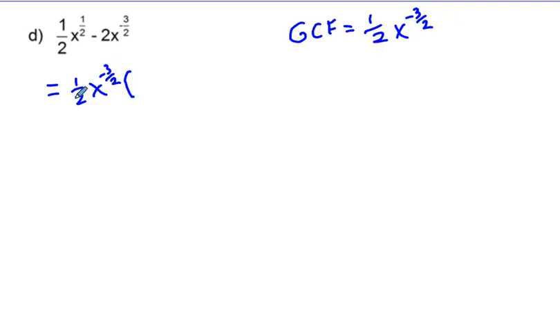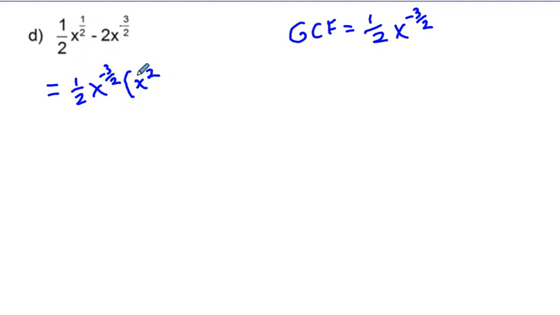and 1/2 times what equals 1/2? Well, times 1. And so what times x to the negative 3/2 power equals x to the 1/2 power? Well, that's going to be x squared.